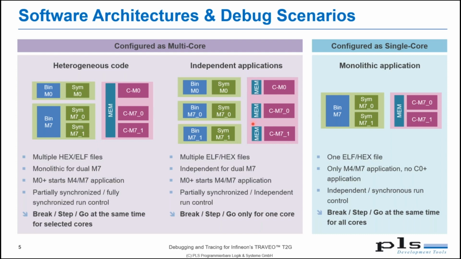Then of course we can have completely separate ELF files or binaries for all the cores, I call it independent applications partitioning. And finally, if we have only a single core configuration, we have a single application that is running on the main cores, the Cortex M4 or the M7s.